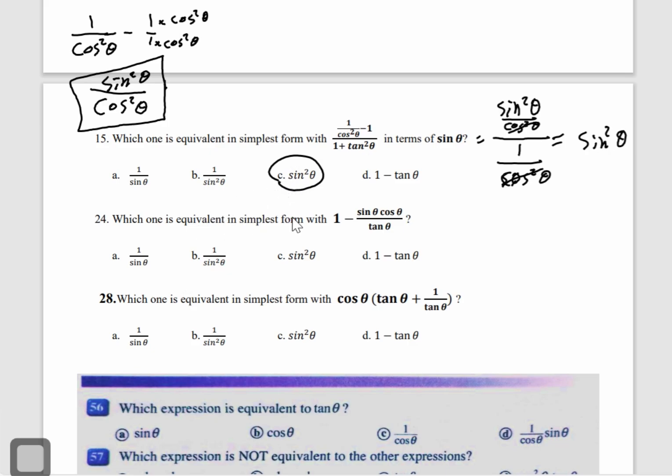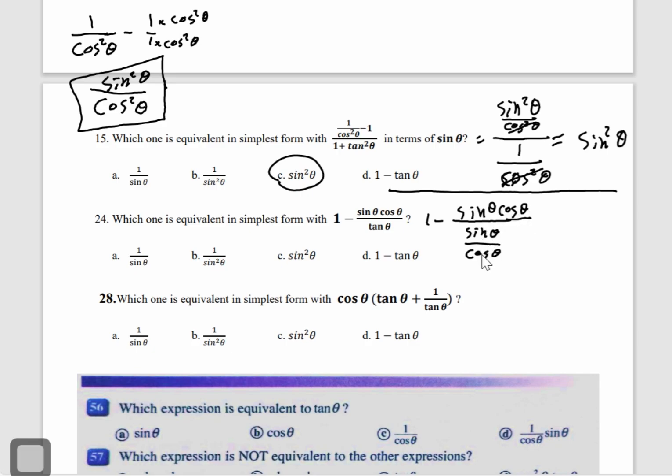Here, which one is equivalent in simplest form? 1 minus sine cosine over tan. You know that we have 1 minus, tan will be sine theta over cosine. We have sine theta multiplied by cosine theta.